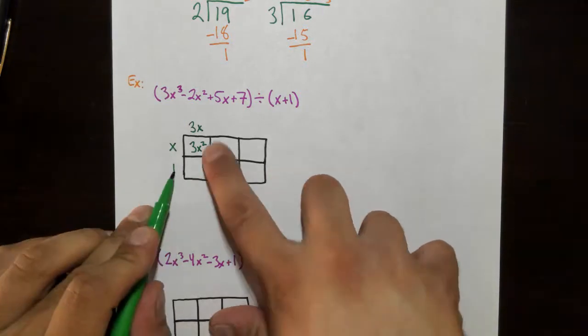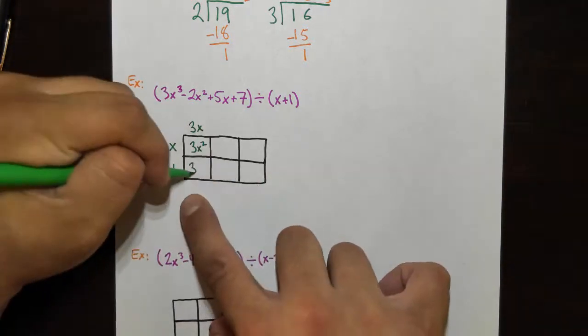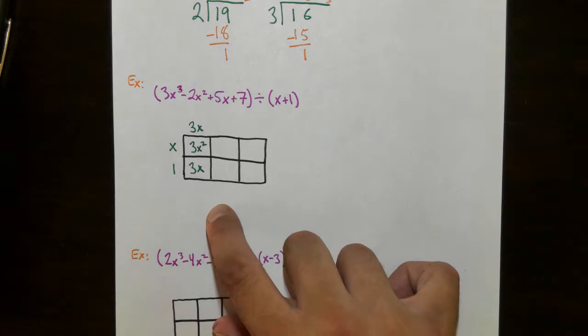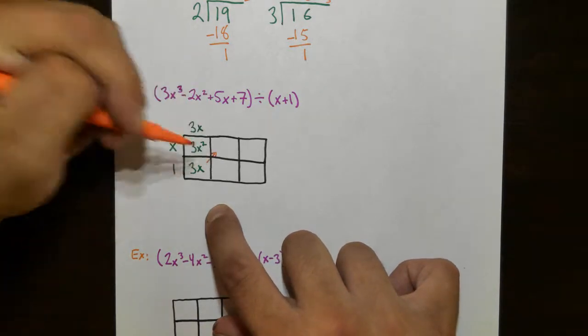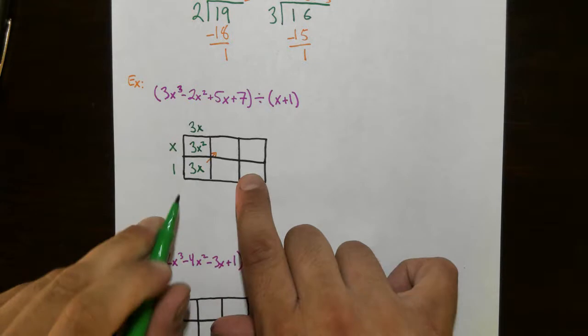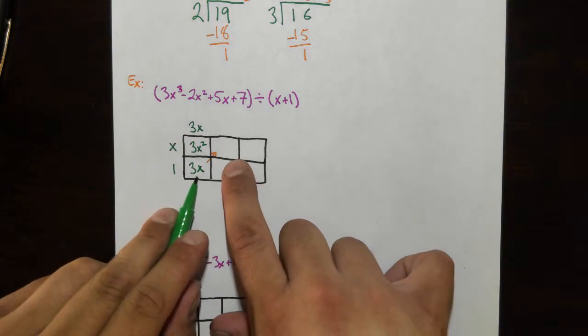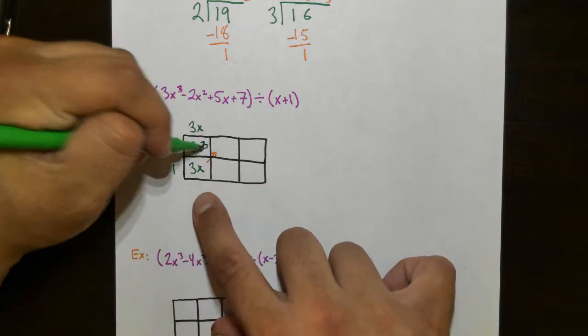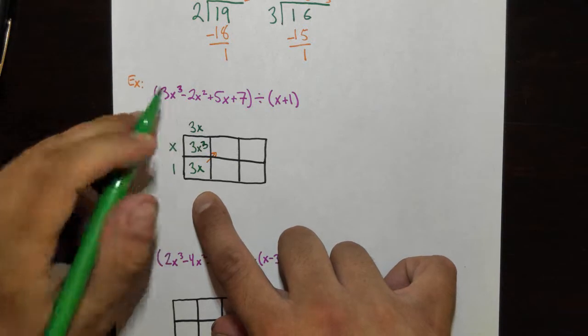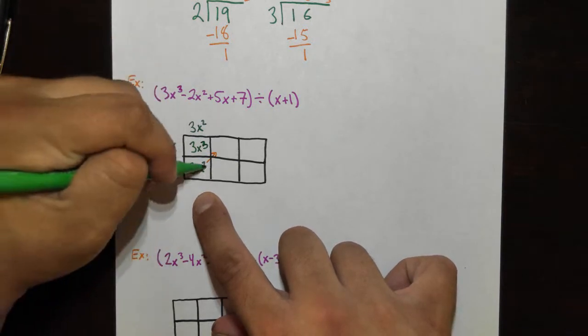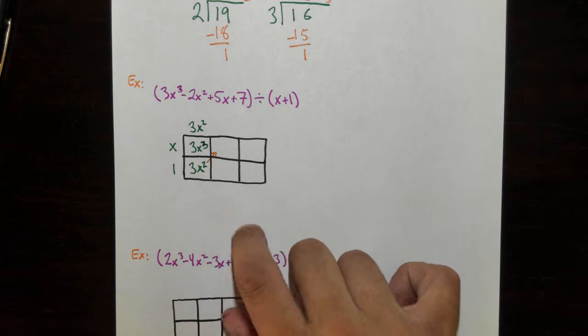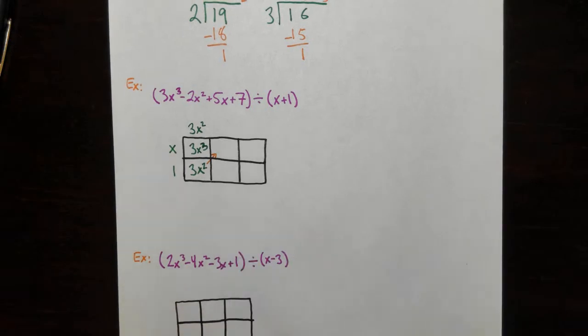And then I can fill this in. 3x squared times 1 is just 3x squared. And then remember, this is where we go diagonally now. Oh, I goofed. This should be 3x cubed, isn't it? So that means this is going to be 3x squared and this is 3x squared.